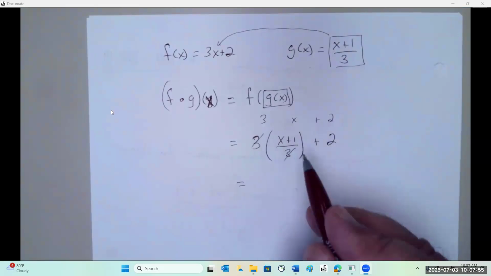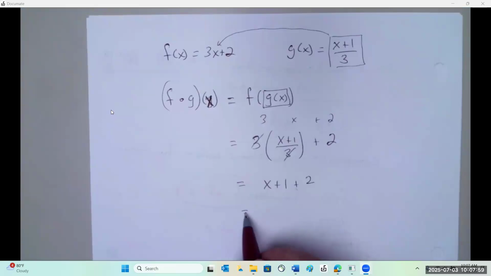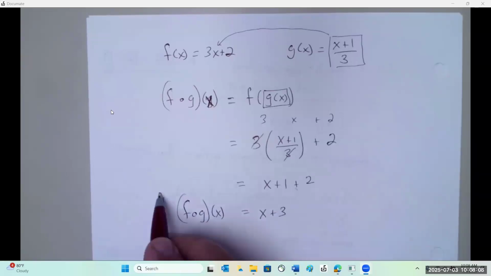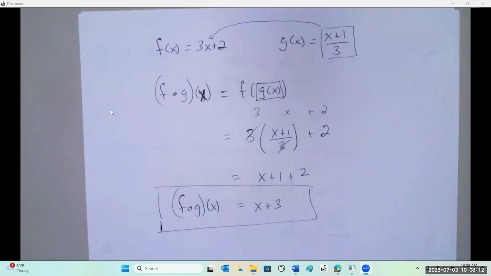The 3's cancel, so I have x plus 1 plus 2. So my value for f of g of x is x plus 3, as you simplify as far as you can go. That's how this thing works.